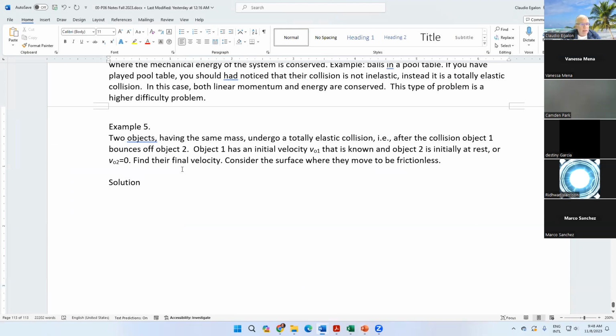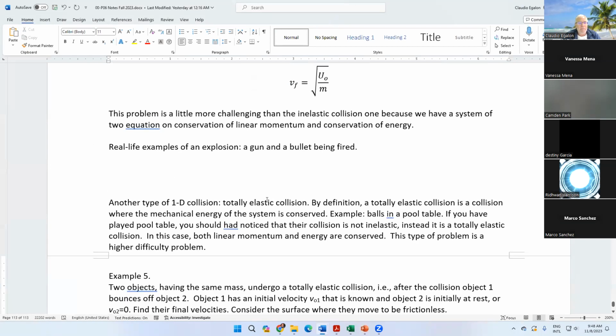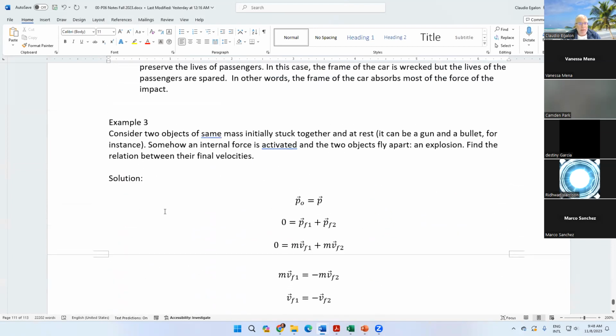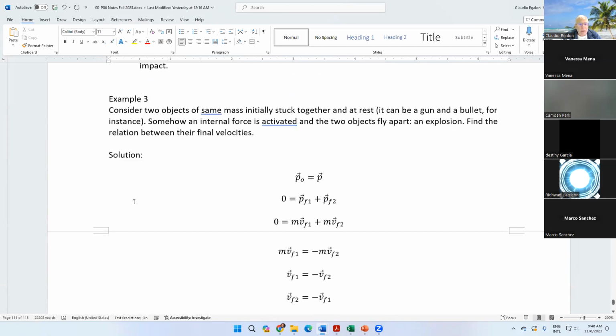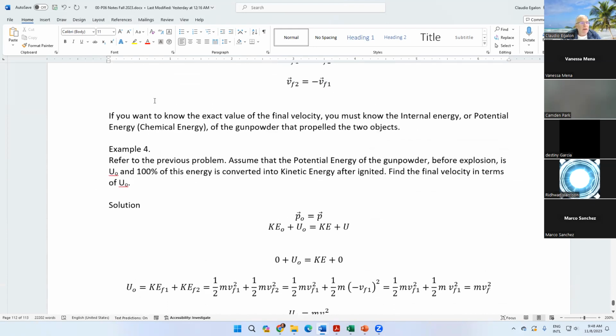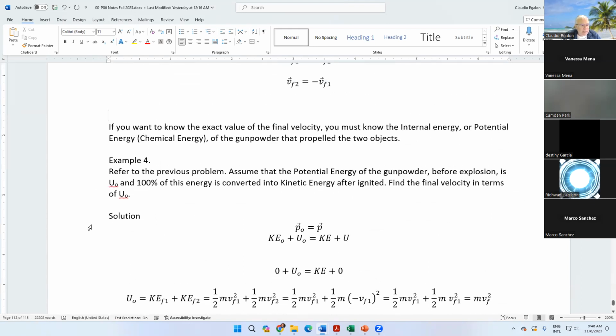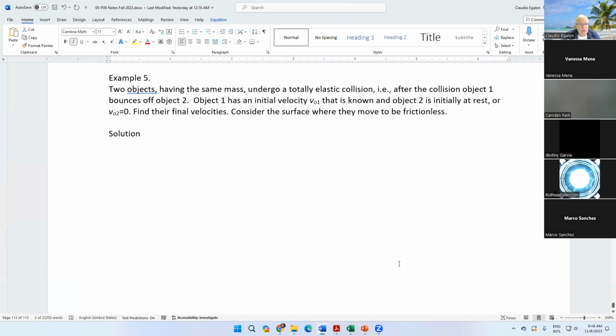And then we gotta do exactly what we did before, in example number 4. Not only linear momentum is conserved, but total energy is also conserved.